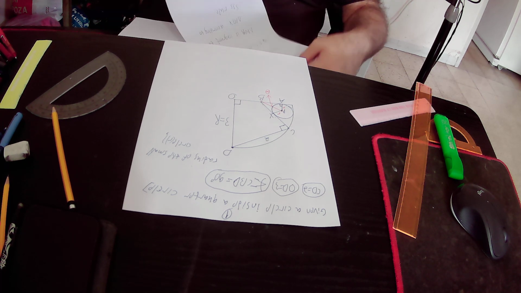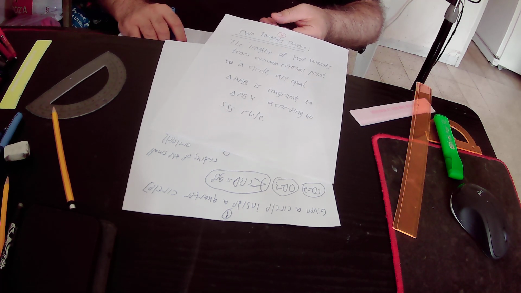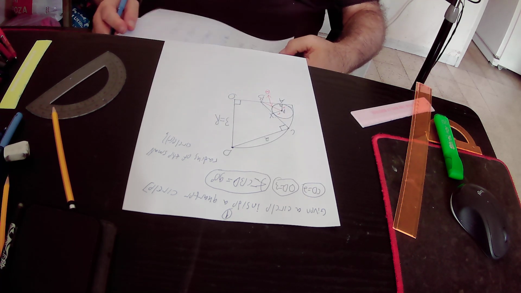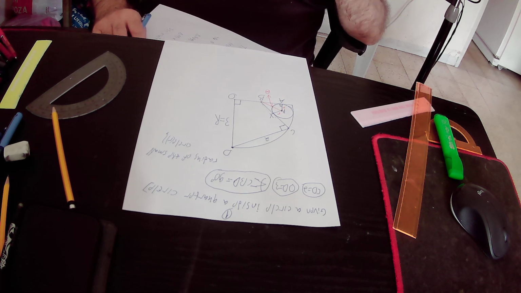Okay, triangle APB is congruent to triangle PBX according to the side rule. The side rule states that if you prove that one triangle has all of its three sides congruent to all the three sides of another triangle, then those two triangles are congruent to each other according to the side rule.